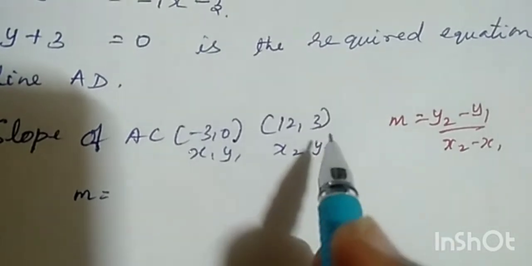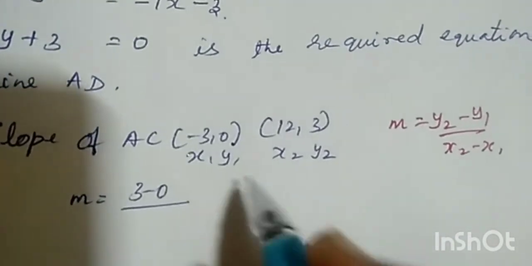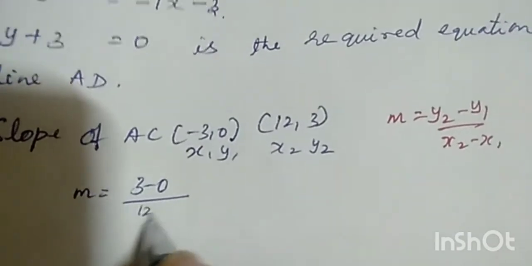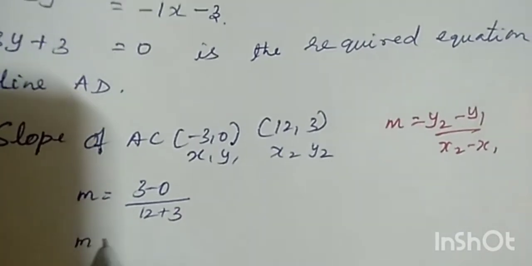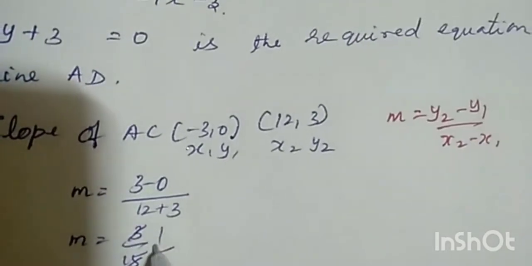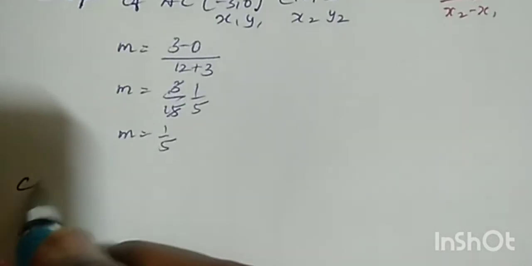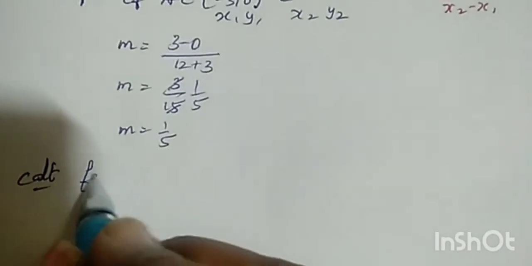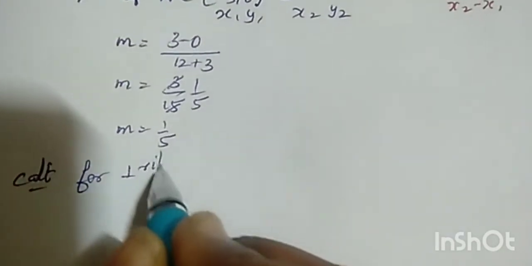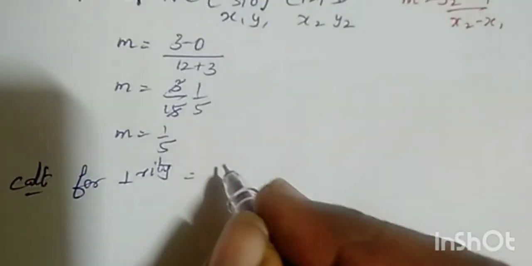Now y2 minus y1, 3 minus 0, divided by x2 minus x1, 12 plus 3. m is equal to 3 divided by 15. 3 ones are 3, 5 threes are 15. m is equal to 1 by 5. Now the condition for perpendicularity is minus 1 by m.